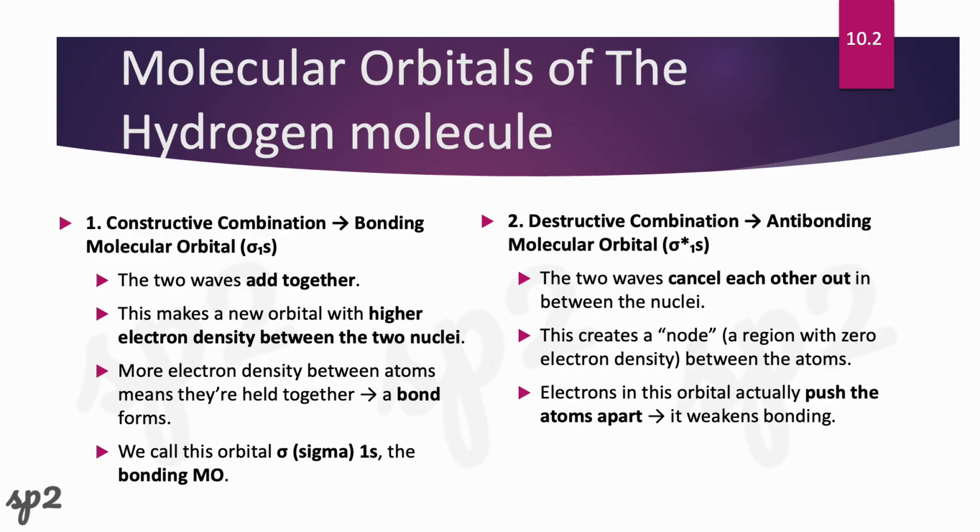Electrons in this orbital actually push the atoms apart and try to weaken the bonding. We call this orbital the sigma 1s star. The sigma star represents the anti-bonding MO.